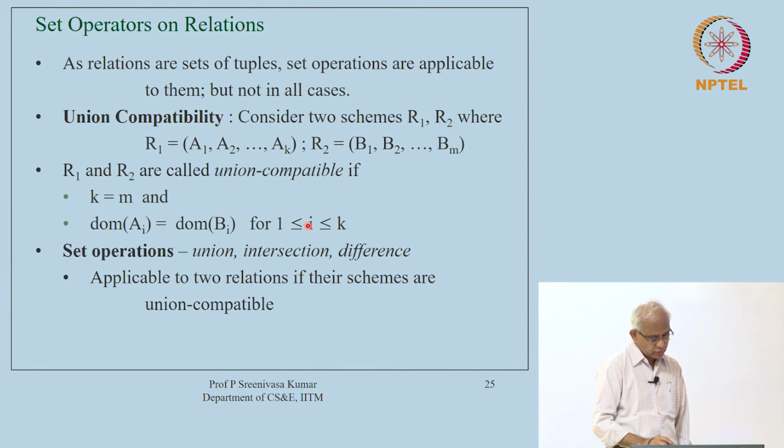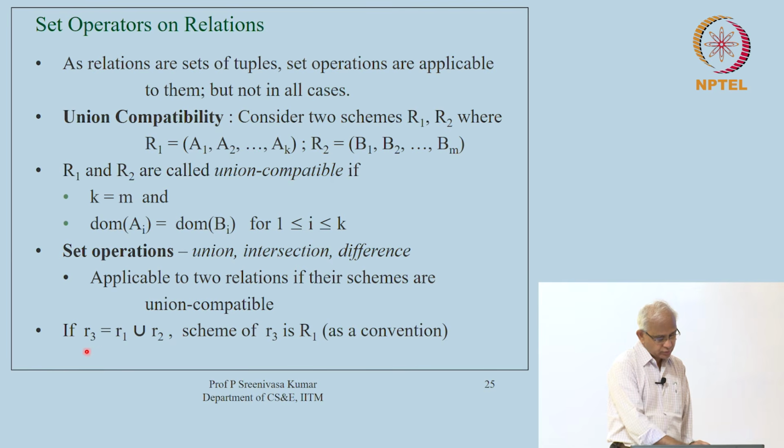Set operations union, intersection, difference are applicable to two relations if their schemes are union compatible, otherwise we will not be able to apply them in our context, because our operators are relational algebra operators. We want them to take relations and then produce relations.